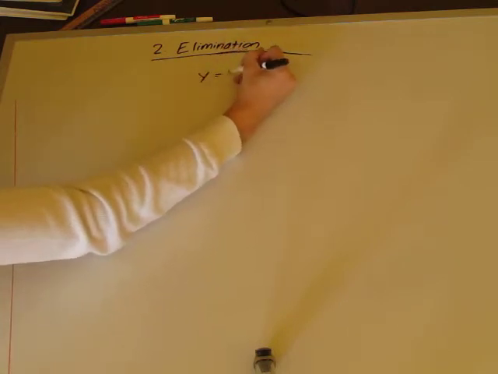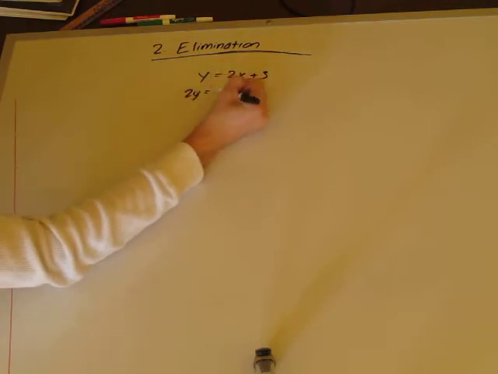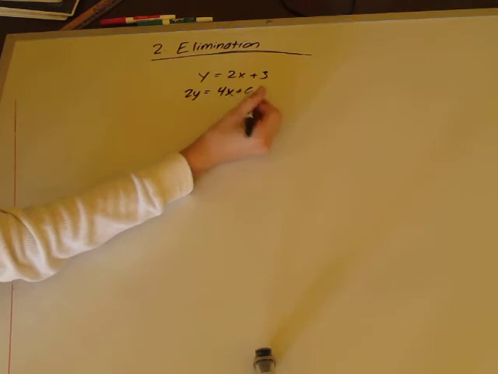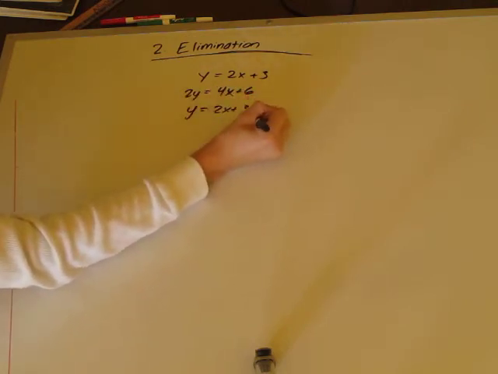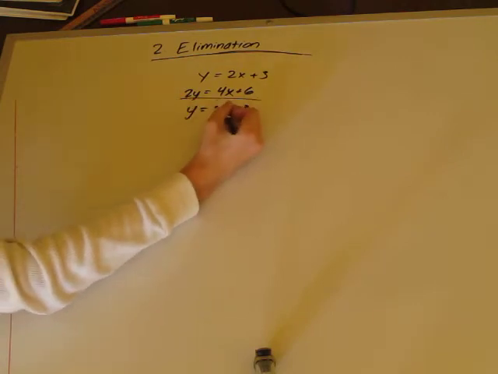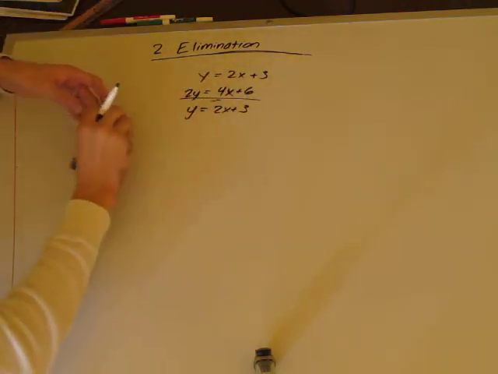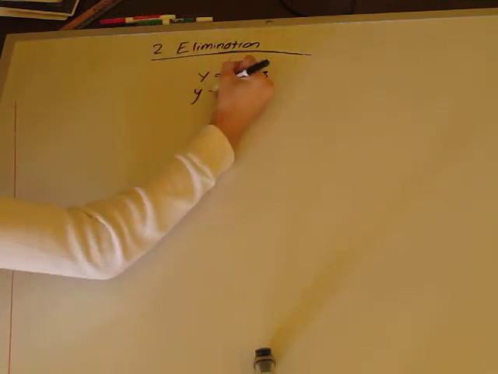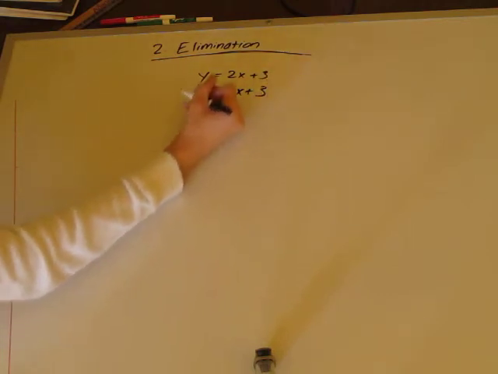Let's look at y equals 2x plus 3 again, and then let's make it 2y equals 4x plus 6. These are the same equations, because if we divide the whole thing by 2, we get y equals 2x plus 3. So we have y equals 2x plus 3, y equals 2x plus 3. These two are exactly the same.